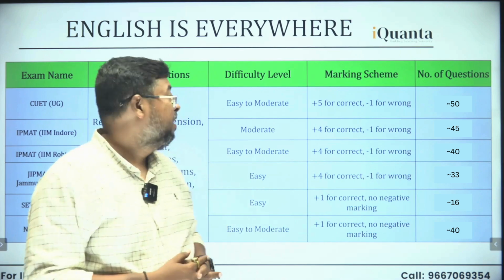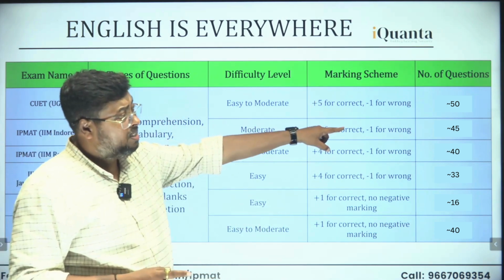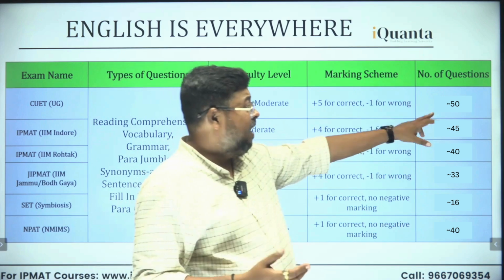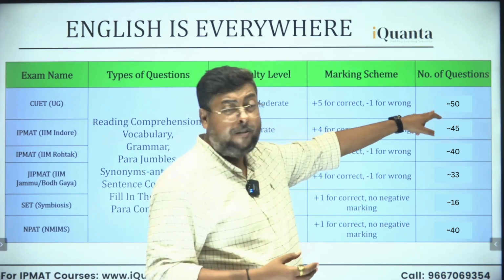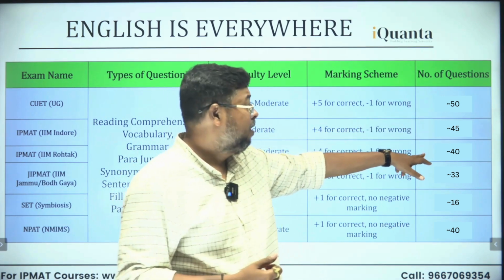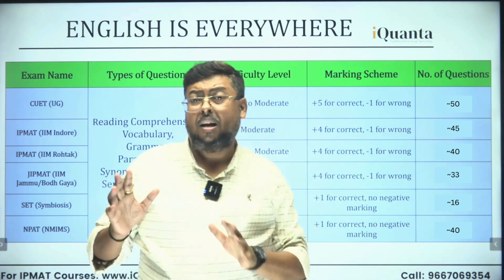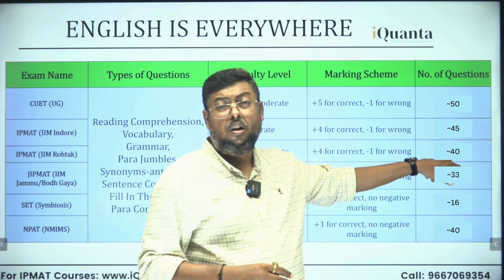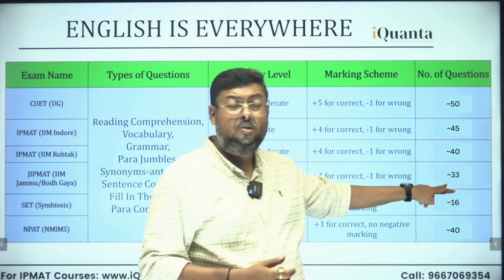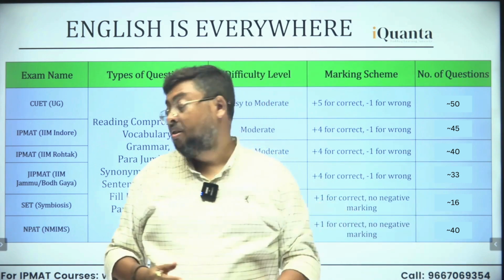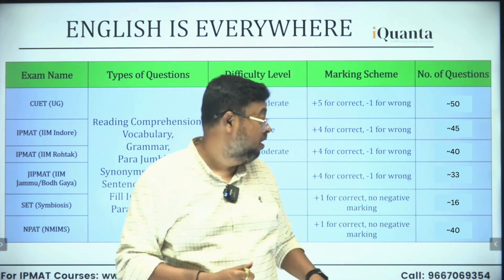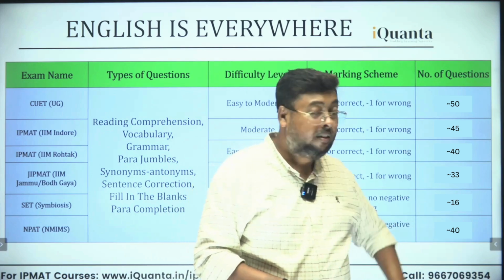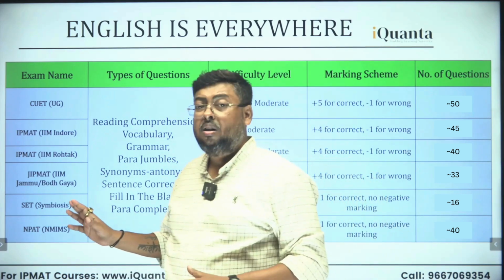The number of questions we are expecting: 50 questions in CUET, around 30 in IPMAT Indore, 40 in Rohtak, 30 in JIPMAT, 16 in Symbiosis, and 32 in Narsee Monjee.